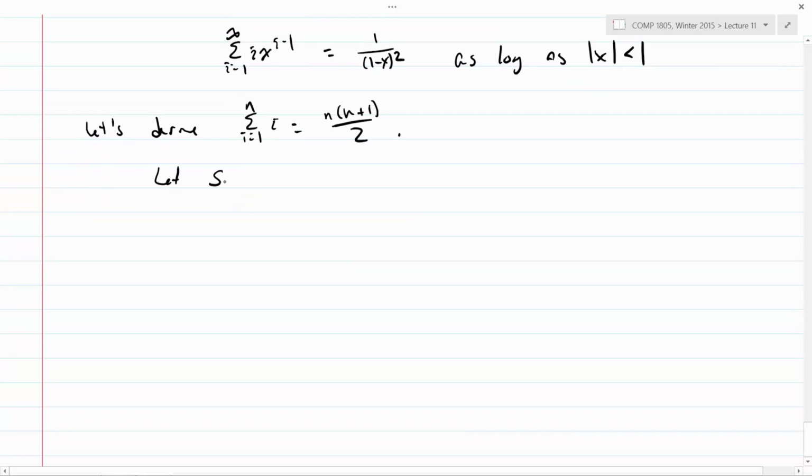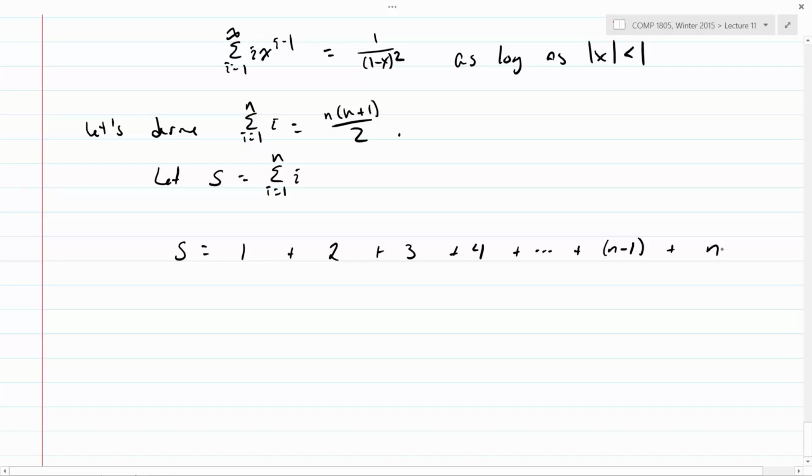Just like last time, I'm going to use S to denote the sum I'm interested in, the sum from i equals 1 to n of i. What Gauss supposedly did was write down this sum in two different ways. The first way is 1 plus 2 plus 3 plus 4 and so on, all the way up to n minus 1 plus n.